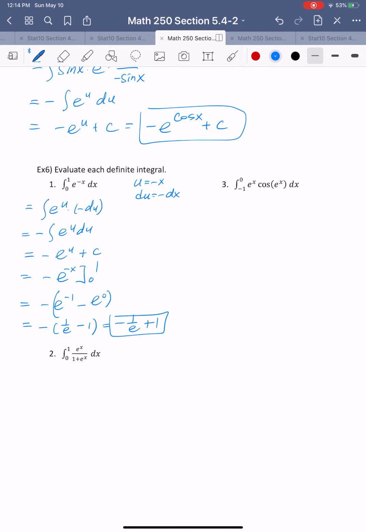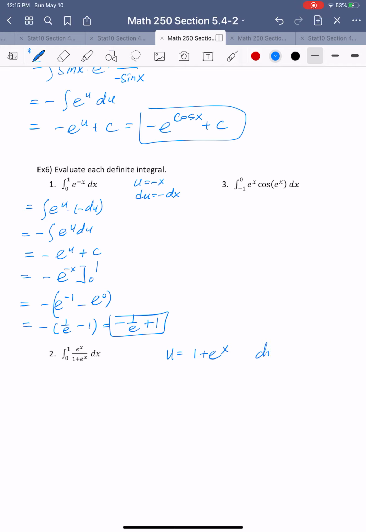And number 2, I want to say u is 1 plus e to the x.